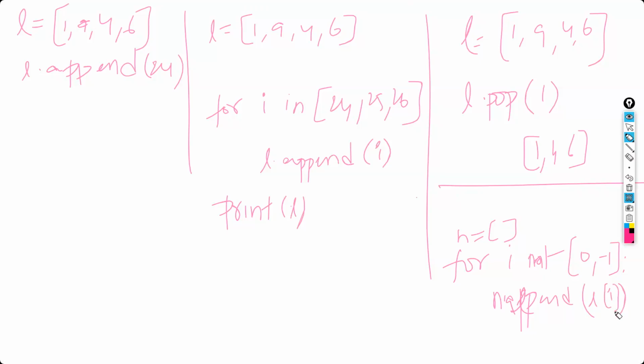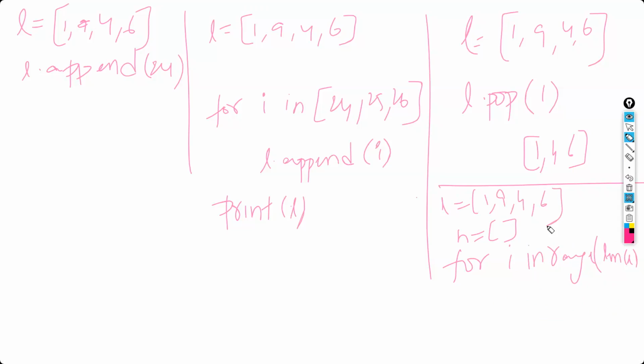Can I write like this? I'm going to consider not in, for i in range of length of L, where L is equal to 1946.